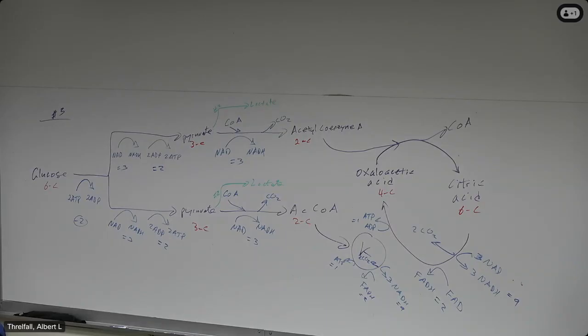Niacin. B vitamin niacin. But don't make the mistake of some former students and try to associate it with nicotine. It's nothing to do with nicotine. All right, so NADH, nicotinamide adenine dinucleotide, the B vitamin niacin.